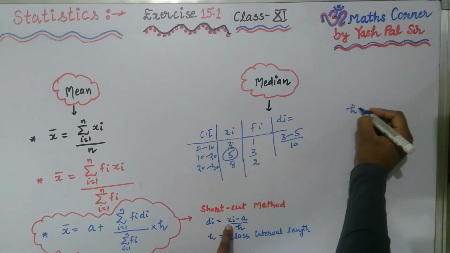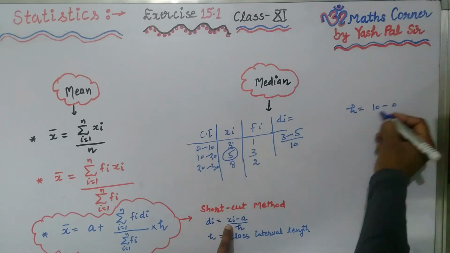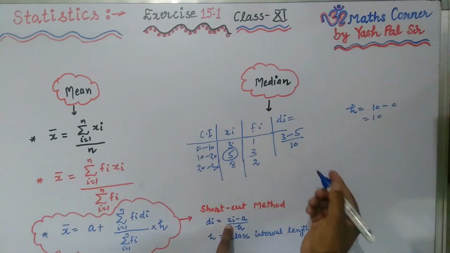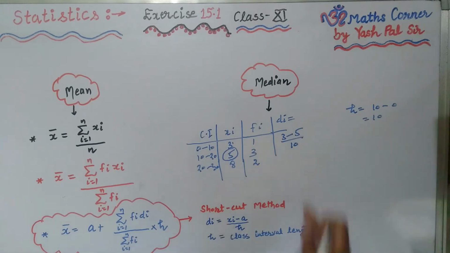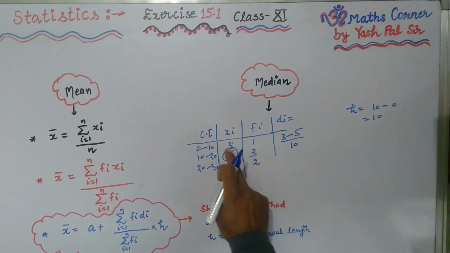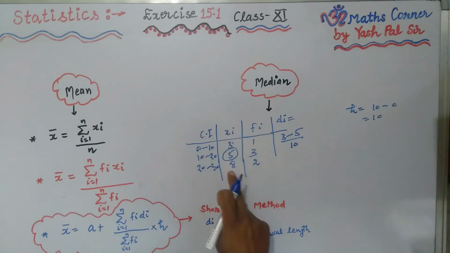So h is equal to 10 minus 0, which is equal to 10, or 20 minus 10 is equal to 10, etc. Okay, this way we calculate di. So this is the formula for finding the mean in case of the shortcut method. When the data is high, with big values of xi, then we use the shortcut method.